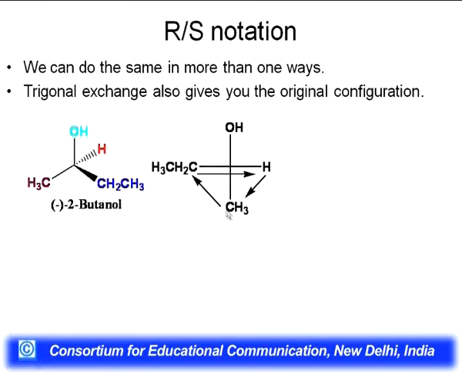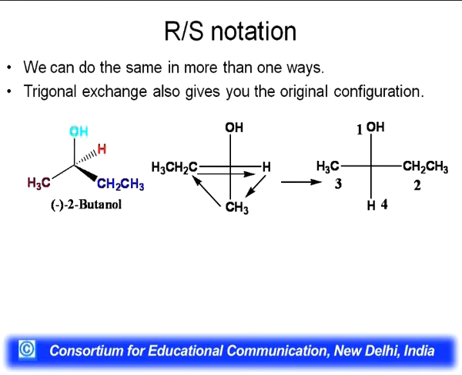I take this methyl group here and you can see the arrows, this ethyl group to this side and the hydrogen to the bottom, getting this kind of structure. Again this molecule is the same isomer, not the enantiomer, though you would say that there are 3 changes you have made. Do it yourself, cross check it.